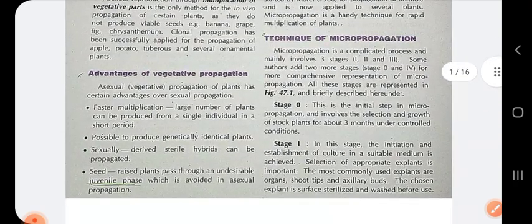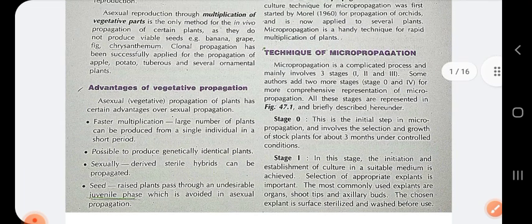Generally the shoot tips or axillary buds that we take for micropropagation should be surface sterilized and washed before use. Normally the explants that have meristematic tissues are generally used for micropropagation.